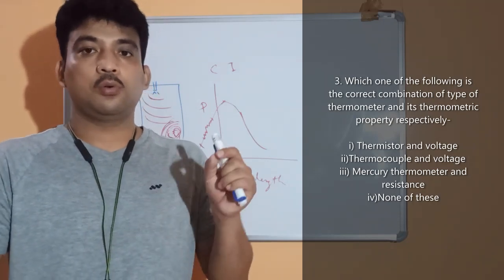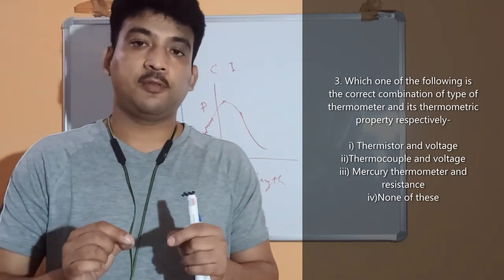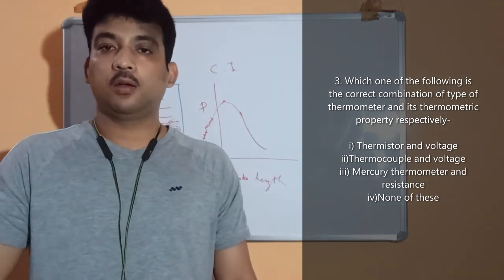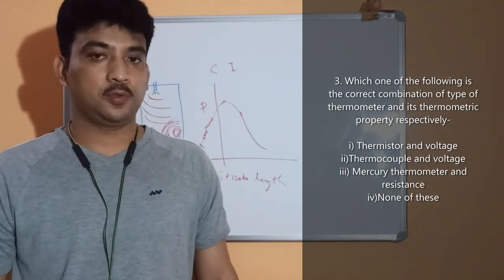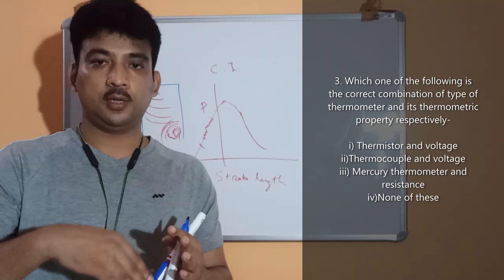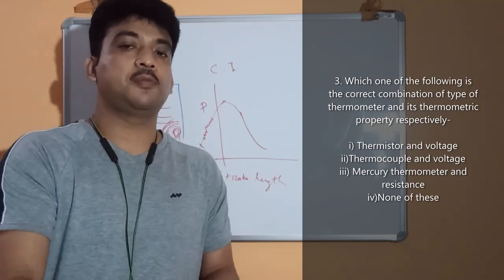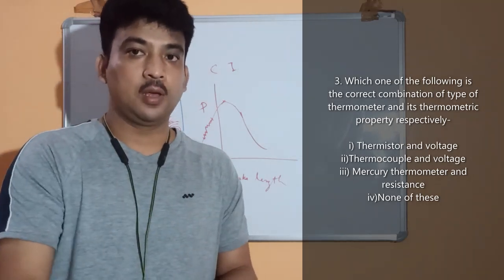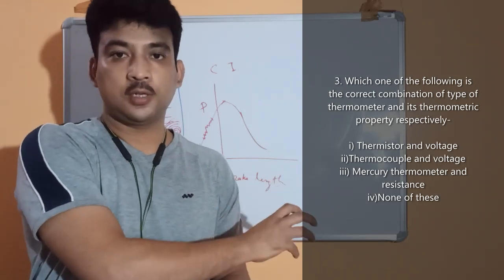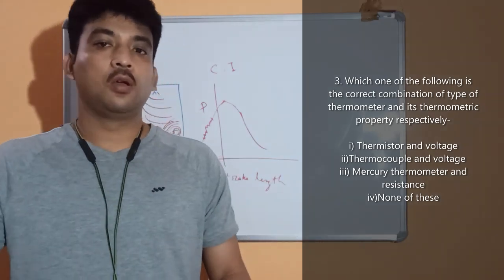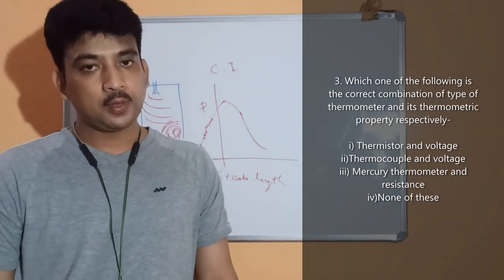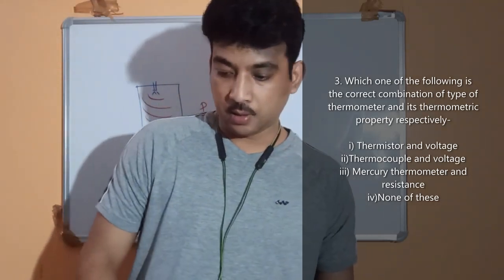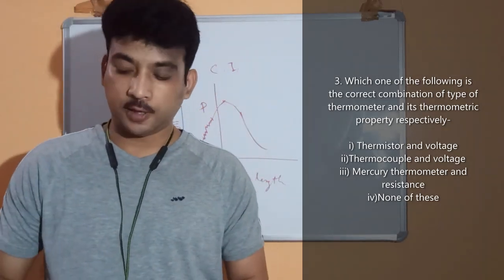So if we can measure the EMF, then by calculating it we can find out the temperature as well. In the thermocouple it is already calibrated for how much EMF corresponds to what temperature difference. If we know the temperature of one junction, then we can find out the unknown one. So this is correct here. Number 2, thermocouple and voltage, is correct.